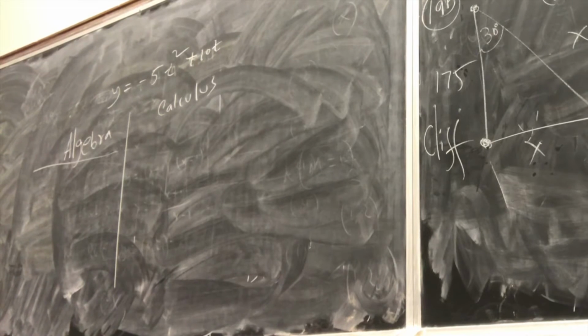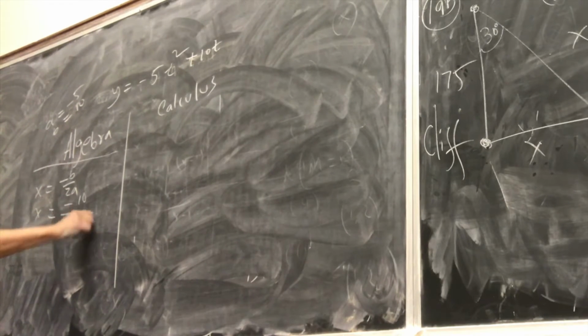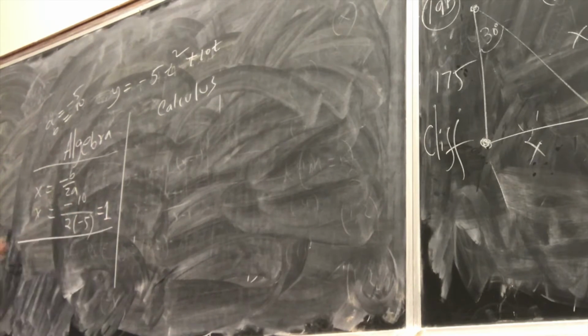Very nice. So a is how much? Minus 5. b is 10. So x is minus 10 over 2 times minus 5. What is the x? x is 1.